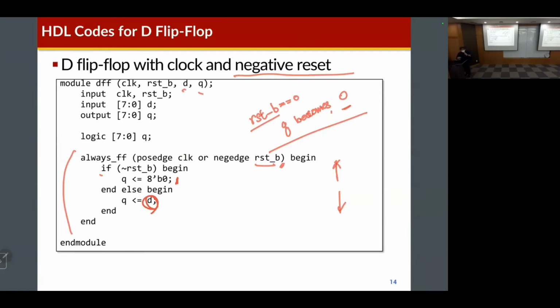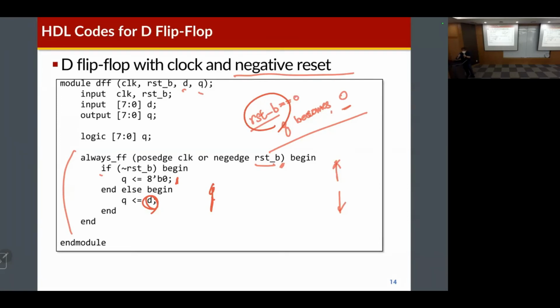You can understand. If you see this code, you can find that Q becomes 0 if the reset underbar B is 0 at any time. Which means that we don't need to consider the rising edge of the clock or any input values.